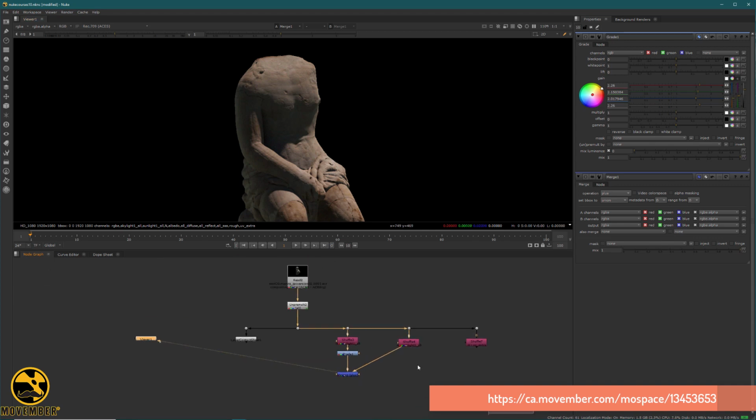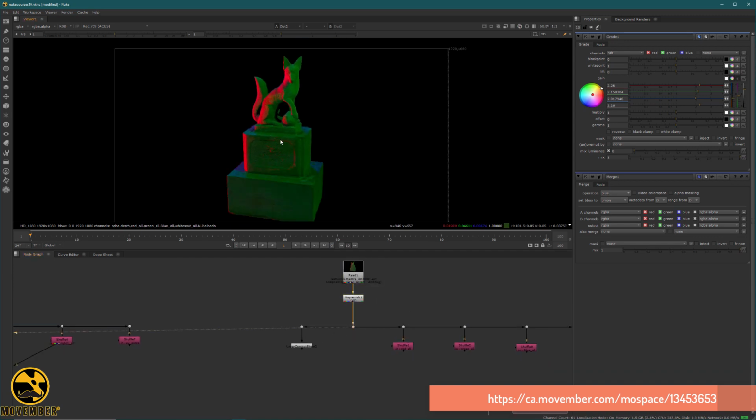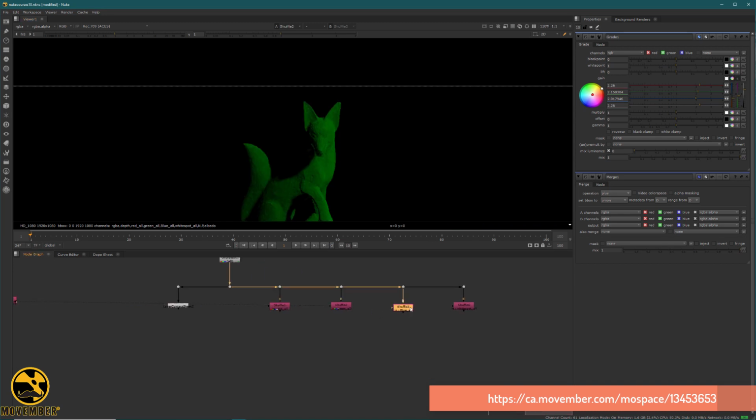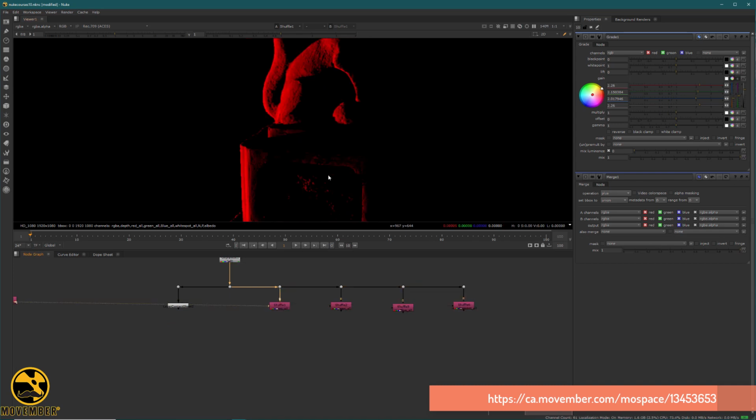I'll show you an extreme example. What is the original color of this statue? You don't know? Me neither. We have a lot of light, but unfortunately the texture is baked inside the light.